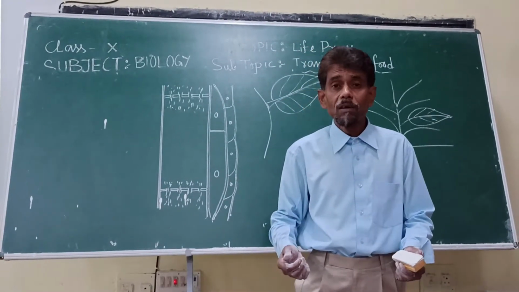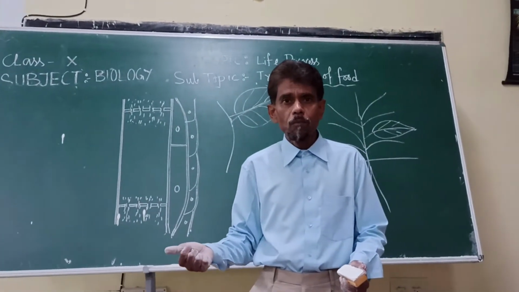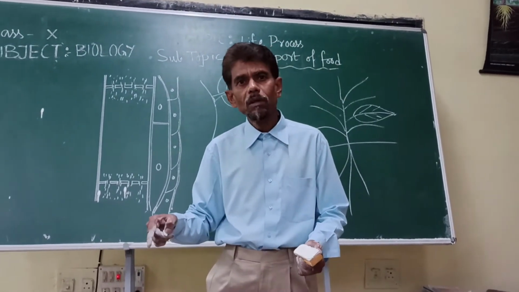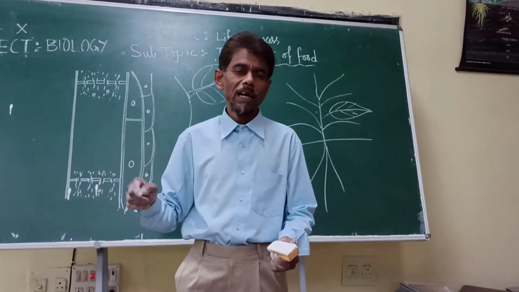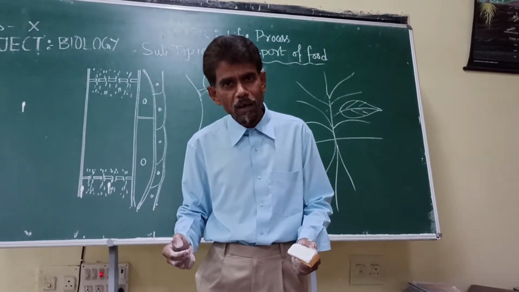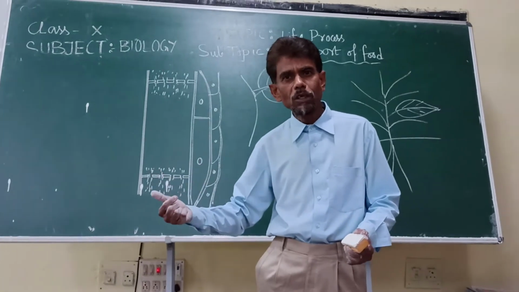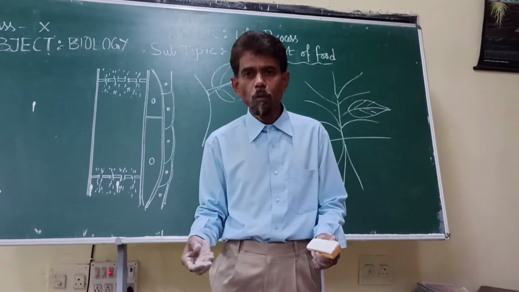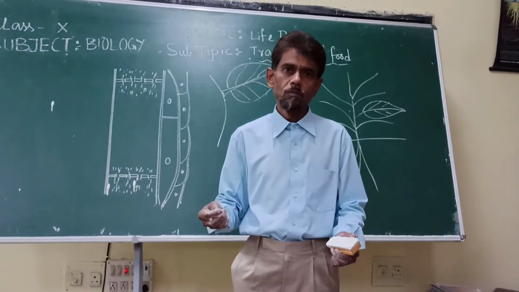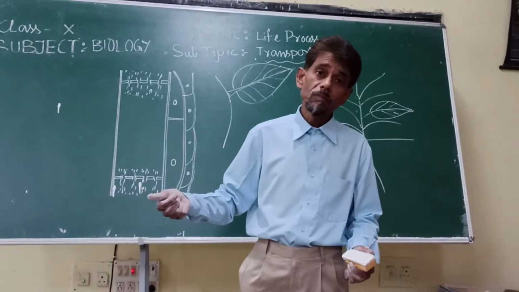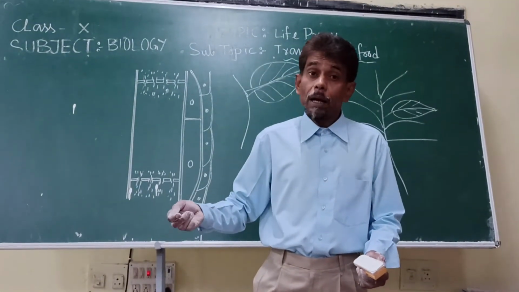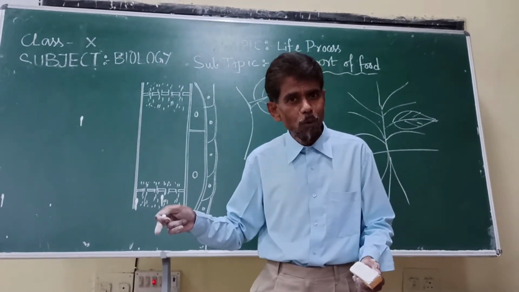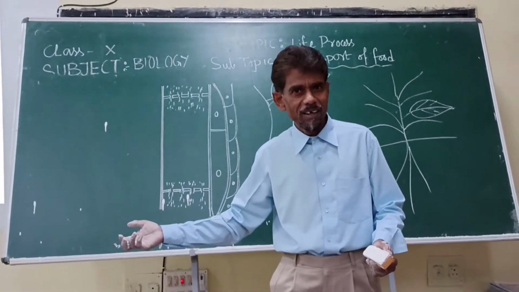The excess food in the form of starch is stored within the root itself. In the case of potato, it is a modified underground stem, where the excess food is stored in the form of starch in a tuberous form, or ginger in the form of rhizome. Fruit is also excess food stored.